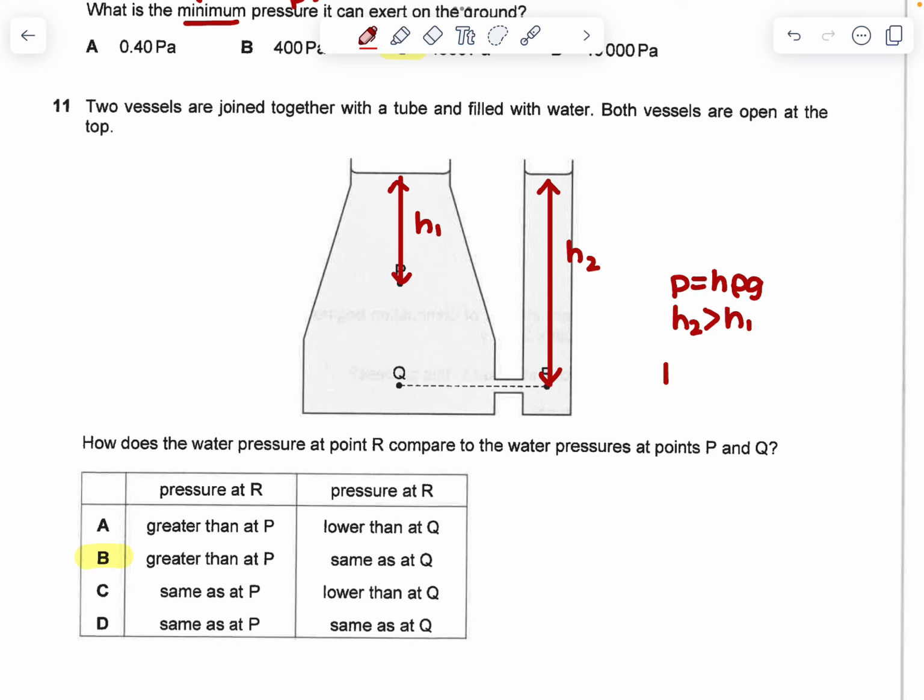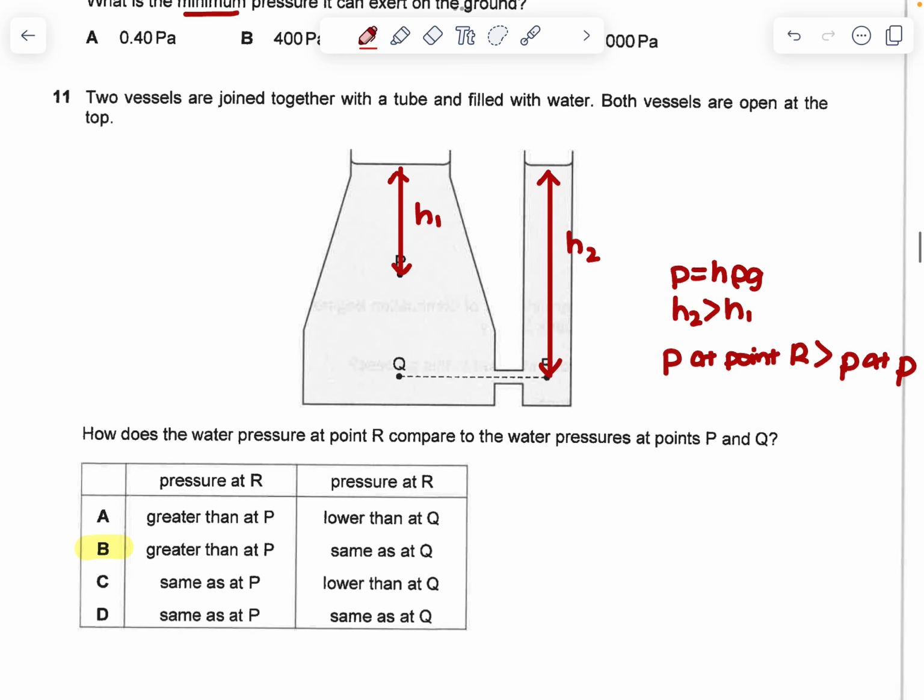That's why the pressure at point R is greater than the pressure at point P, because the height of the water column is larger at R. For Q and R, there is the same amount of water above it, so it's at the same pressure.